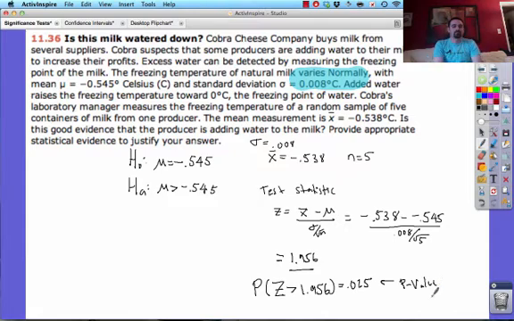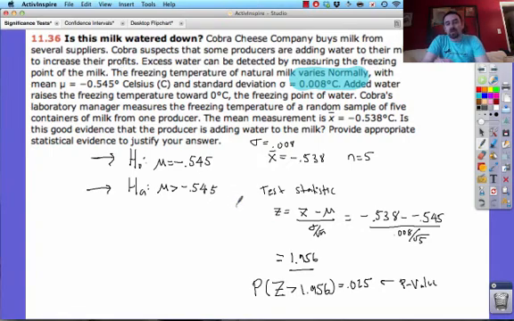Now, the question is, is this good evidence that the producer is adding water to the milk? Provide appropriate statistical evidence to justify your answer. What we're saying is that there are two options. Either water's not being added to the milk, or water is being added to the milk. Cobra has two options.